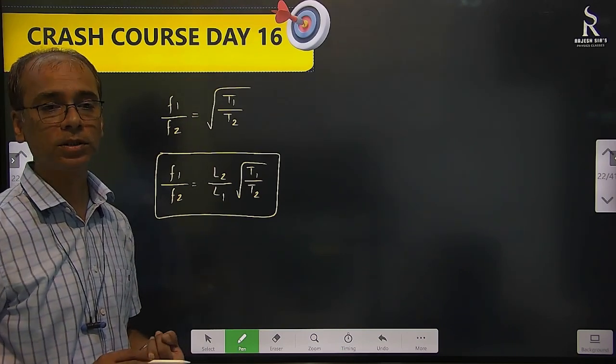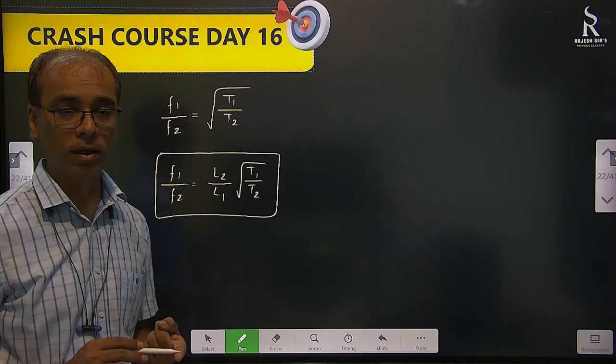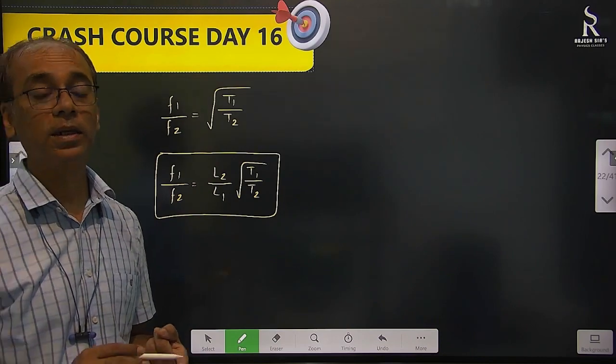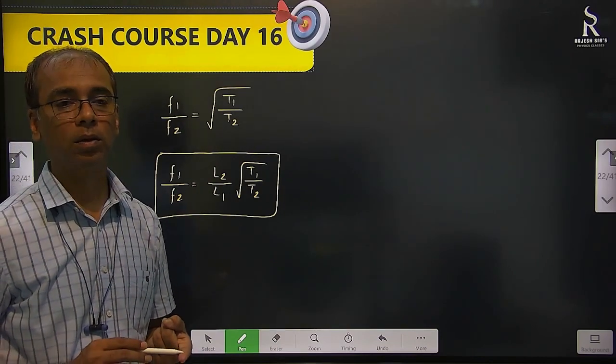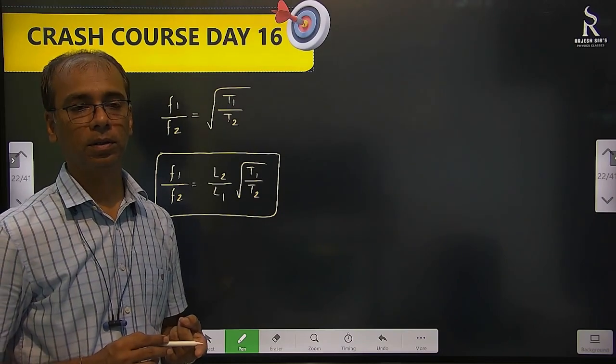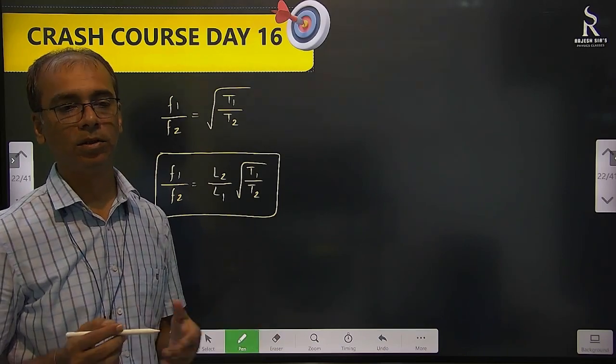Heat and thermodynamics, very important. Mechanics is big. In mechanics we have to talk about individual topics, and gravitation is important. Rotation is important, work power energy is important. Then you can have kinematics and laws of motion.